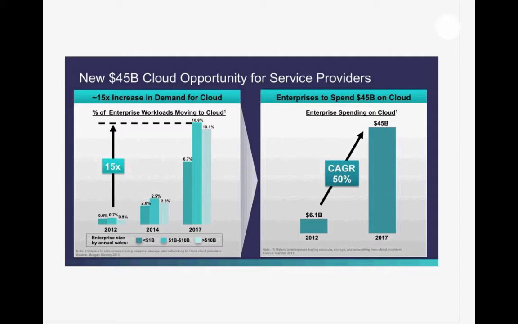Clouds used to be just a cheap way to get some compute and some storage and some memory with not a lot of bells and whistles. And if you stick to that sort of a model, you risk becoming sort of a commodity.